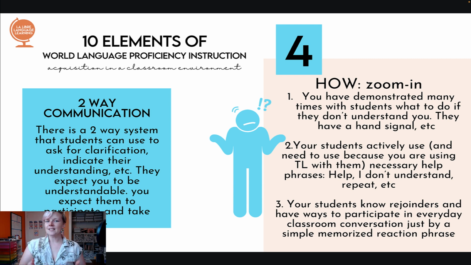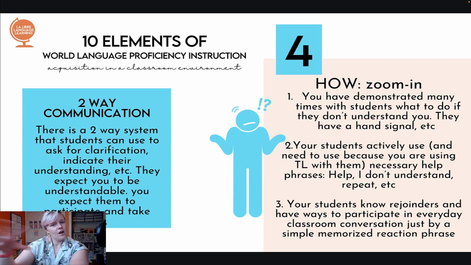Teach them simple things like me, or not me, or yeah, I like that, or I don't like that. Those types of words. You could also teach them fun phrases. There's a lot of teachers that keep lists of rejoinders and do fun phrases like, that's incredible, or no way. That's a really fun way to keep your class going.